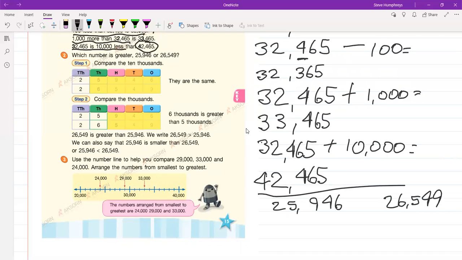It says compare the 10,000s. They are the same. That's a 2, that's a 2. Compare the thousands. That's a 5, that's a 6. 6,000 is greater than 5,000.